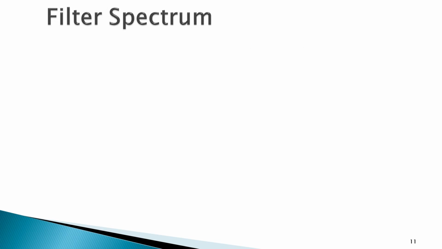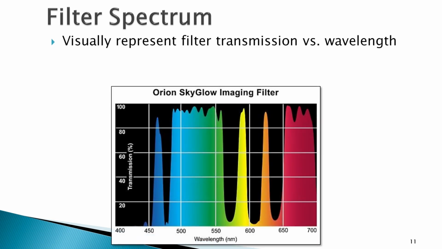For the next couple of slides, I will describe some commonly used terminology, the first being the idea of a spectrum. A spectrum is a qualitative and quantitative visual way of presenting how well a filter transmits light at different wavelengths.